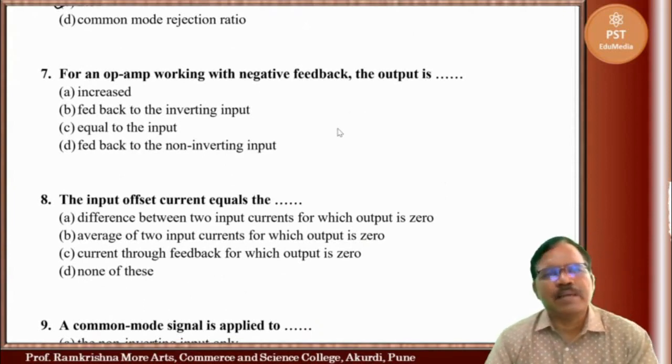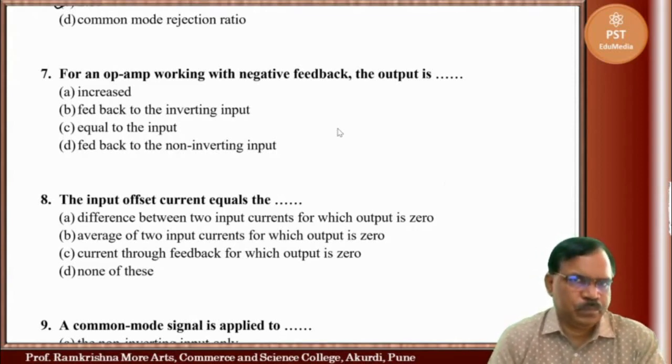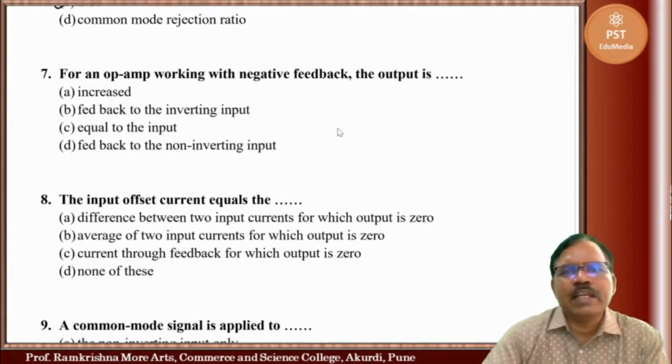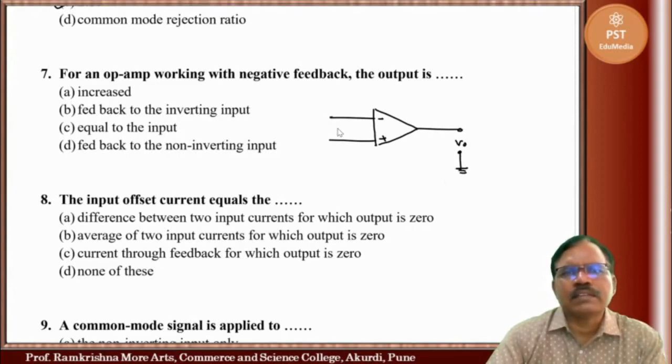For an operational amplifier working with negative feedback, the output is. So what happens here? In negative feedback, this is operational amplifier. This one is non-inverting terminal and this is inverting terminal.